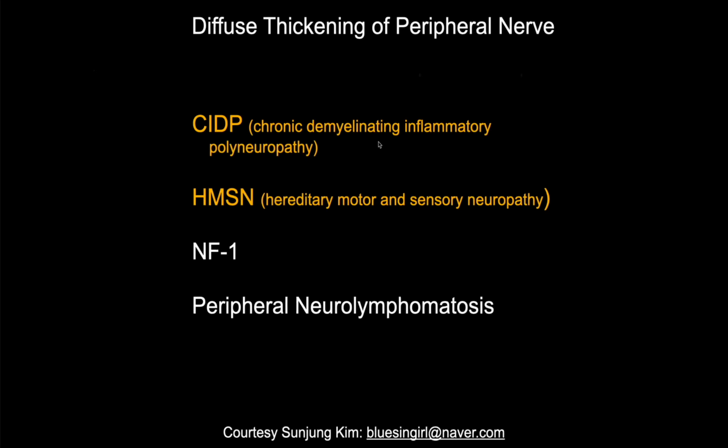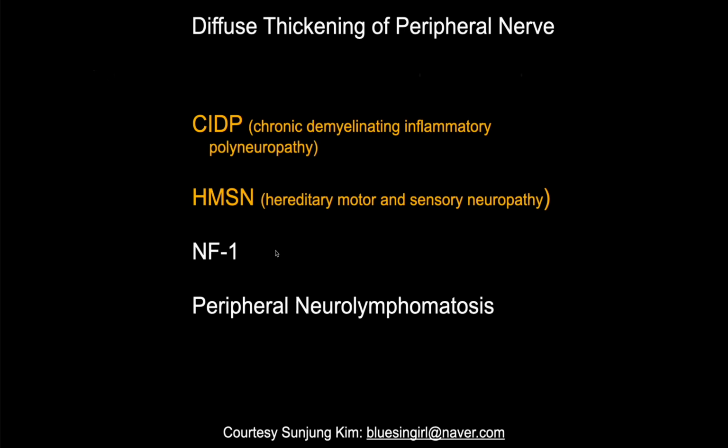So other things that can do this are chronic inflammatory demyelinating polyneuropathy, which I've never seen, and hereditary motor and sensory neuropathy. There are a bunch of these that are due to individual genetic mutations, which can produce a similar kind of output.